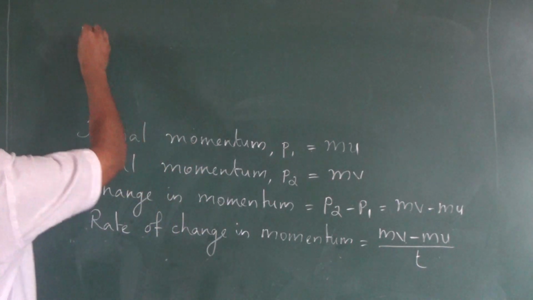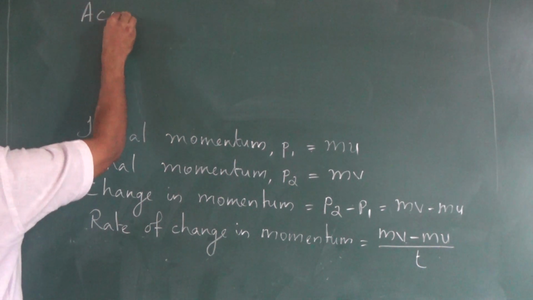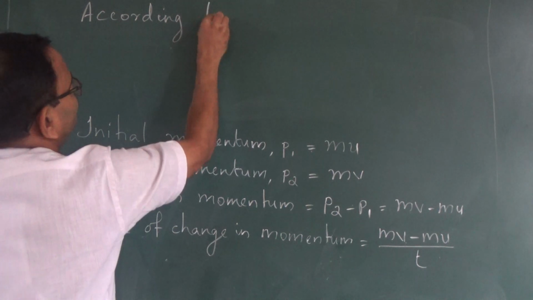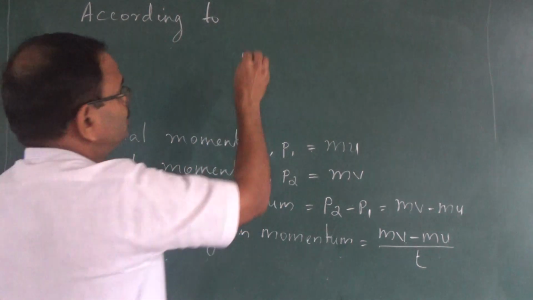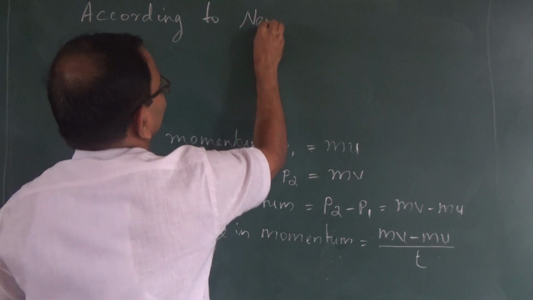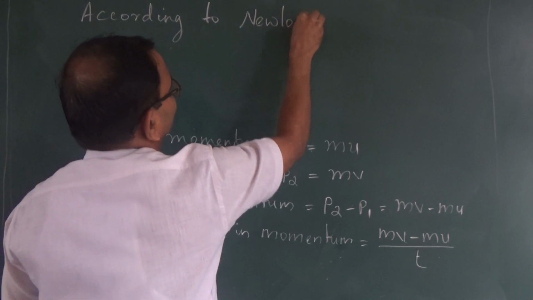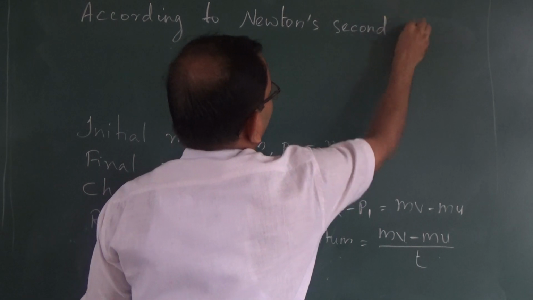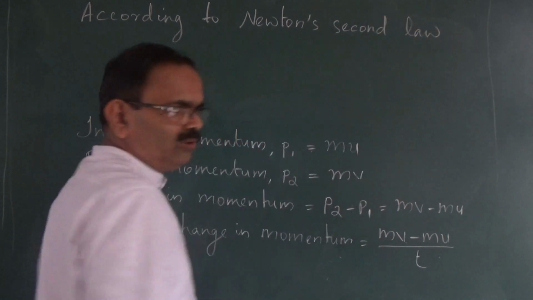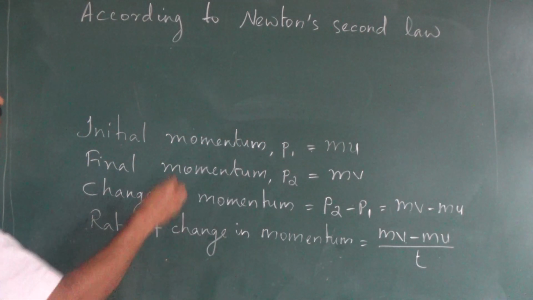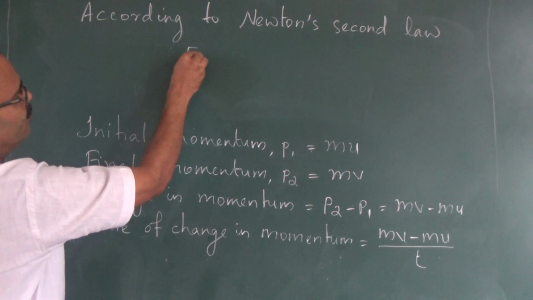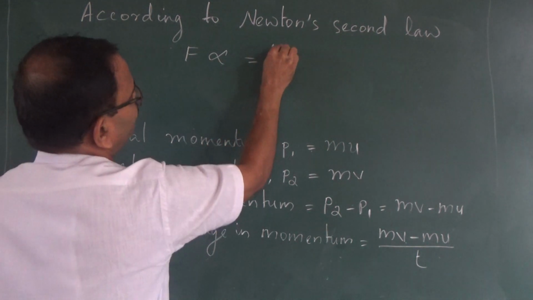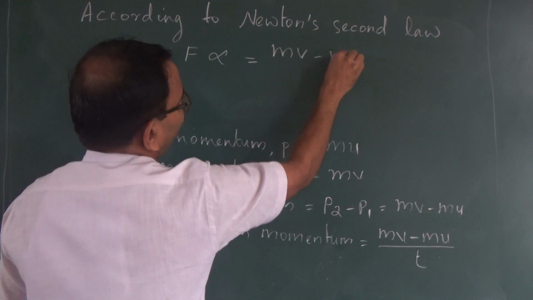So according to Newton's second law, F is proportional to mv minus mu by t.